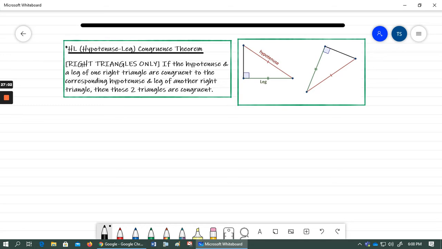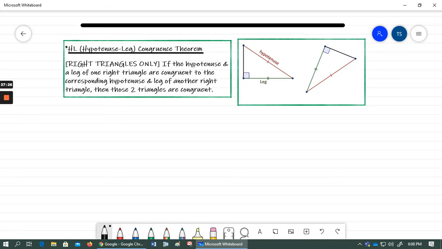So now, folks, what does that mean? Does that mean that the other theorems we talked about just above this one, the side angle and angle side, do not work for right triangles? No, that's not what that means. Those other four theorems can also work in right triangles.